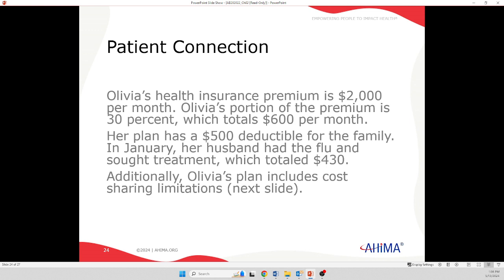So what do they have left for a deductible? It looks like they have $70 left. Does everybody see how I got that? If they had a $500 deductible and he spent $430, 500 minus 430 leaves 70.